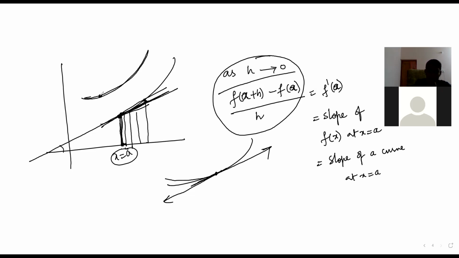Now you can find the slope here, here, and here. If you find the slope here, then here, then here, then here, that is what we call differentiation.